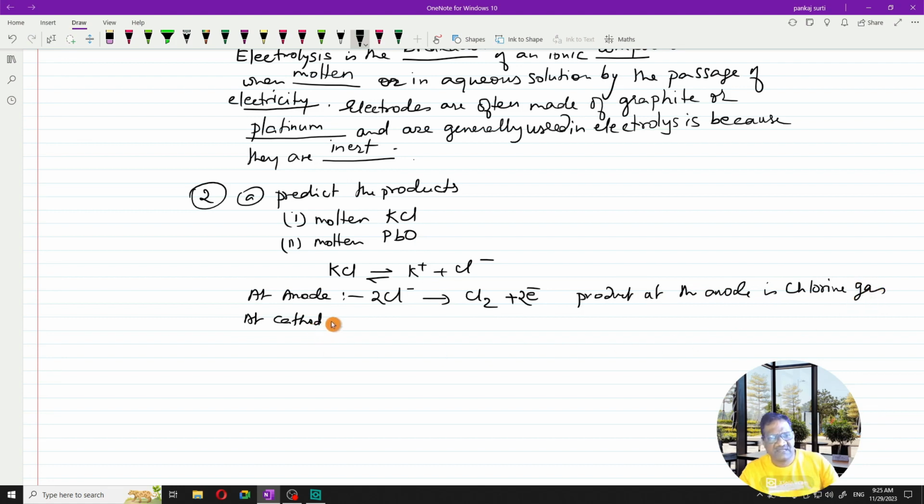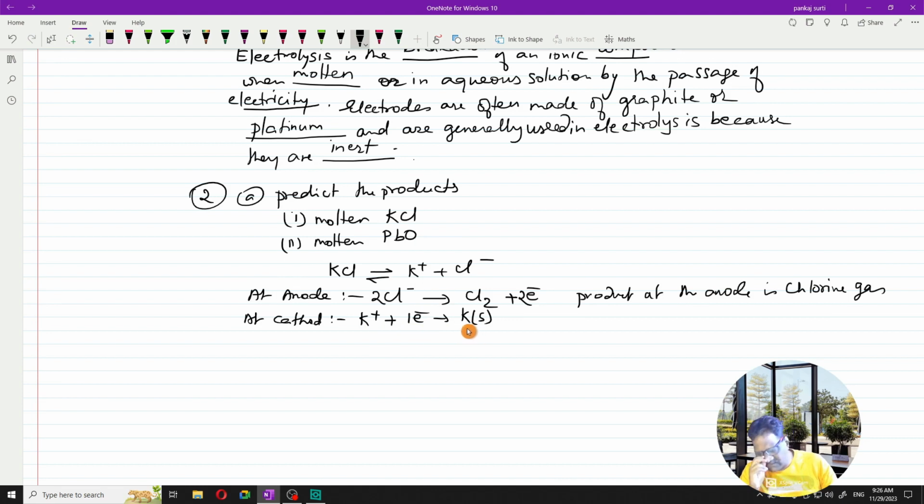Same way at the cathode, what will happen? The cathode is connected to the negative terminal, so the positive potassium ion will come to the cathode, accept one electron from the cathode and get converted into solid potassium metal.